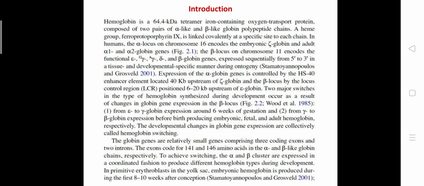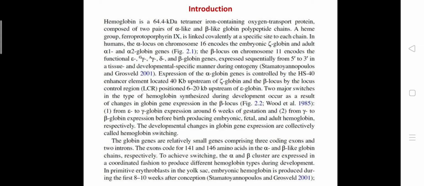The first one is from epsilon to gamma globin expression around 6 weeks of gestation, and the second one is from gamma to beta globin expression before birth, producing embryonic, fetal and adult hemoglobin respectively.